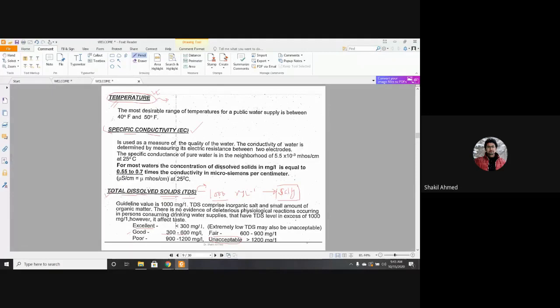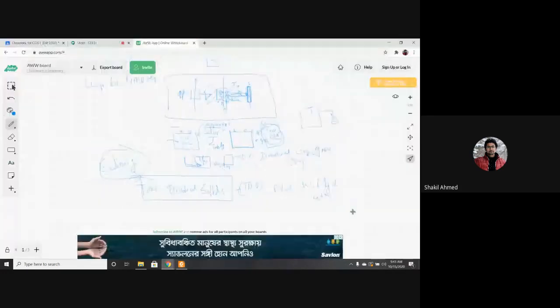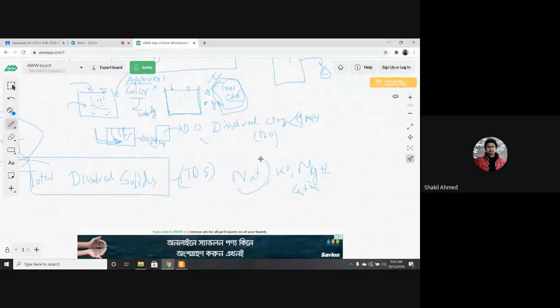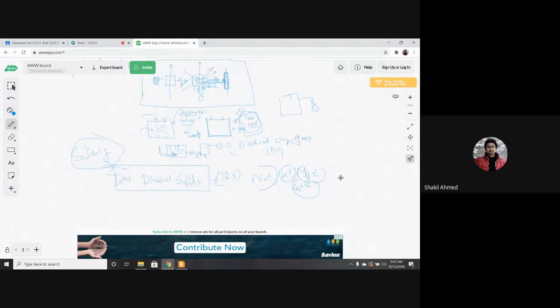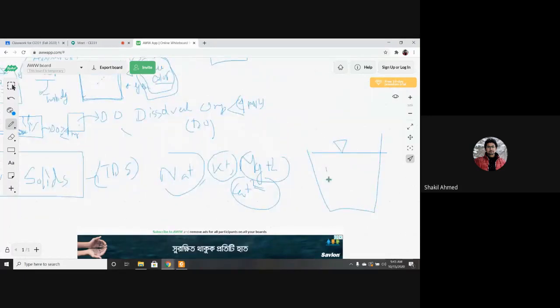There are laboratory procedures to measure TDS. There is another procedure to measure TDS. The mechanism is that if water has these ions, and you put a cathode and anode, then the ions make it easier for electrons to pass. Am I right?